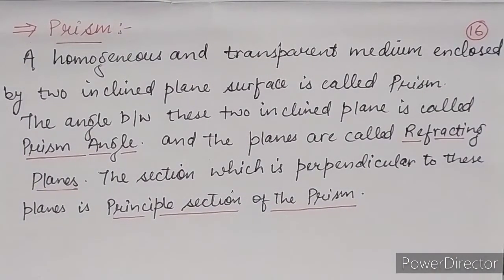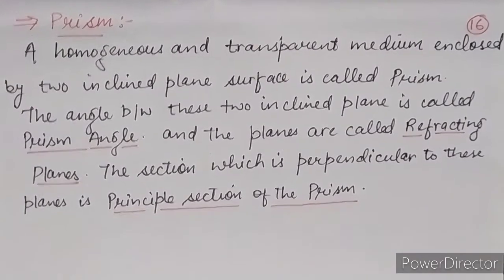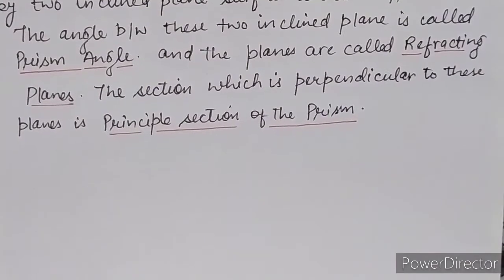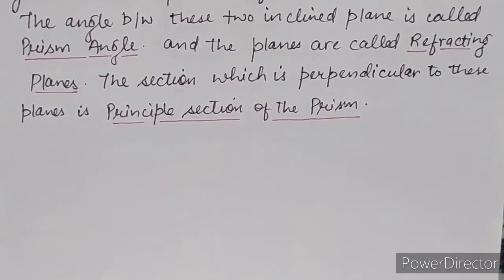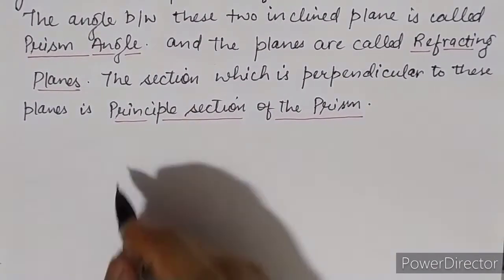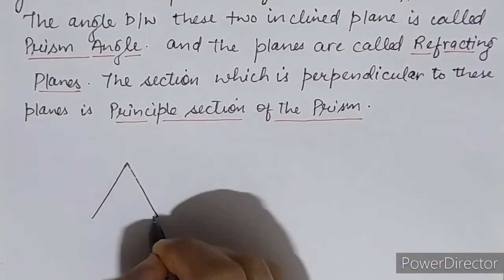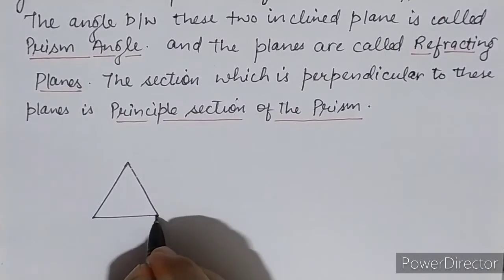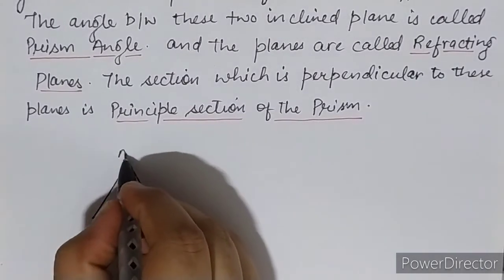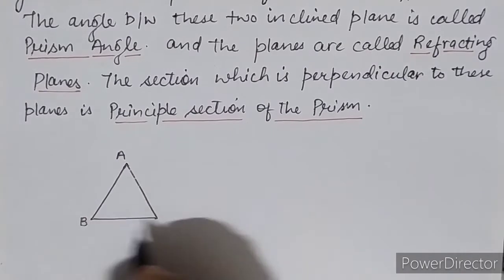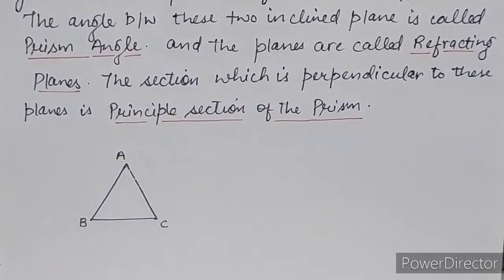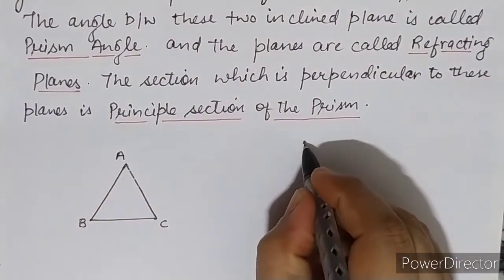Clear? Now I am making the diagram of how this prism looks. If we look toward its front surface, beta, it will look like this. This is your A, this will be your B, and this is your C. But when we take the entire look, this was only the front surface, the entire look is like this, beta.